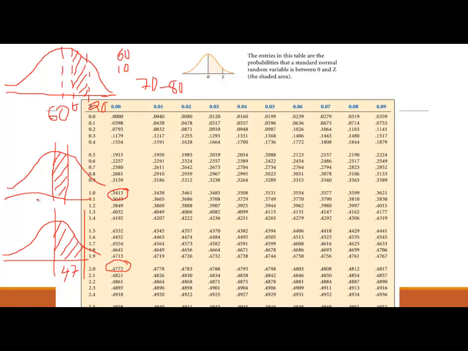So if you know that this area is 34% and this area is 47%, what is the difference? What is the area between them? And the answer is easy again. It's 47% minus 34% equals 13%.